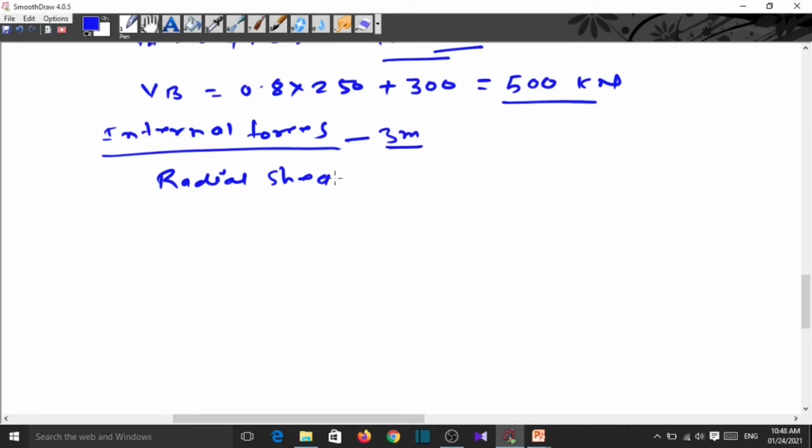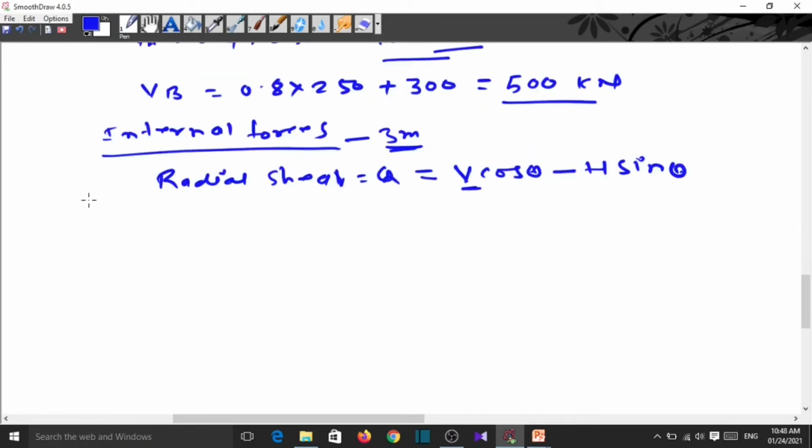So the radial shear, that is Q. The formula is V cos theta minus H sin theta. Now here V is the shear force at 3 meter.